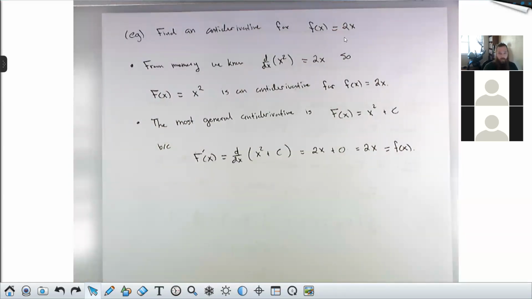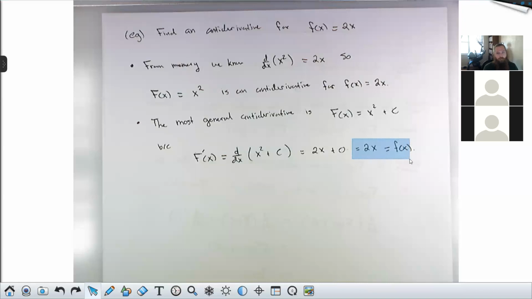So your particular antiderivative, if you just needed to find one of them, x squared is sort of the most natural. You could say x squared plus 1 if you wanted, but you could also say x squared plus 10 or x squared minus 5 or x squared plus pi, and we encapsulate that in this. And the good news with antiderivatives is you can always check your work. If you're not sure if you found the right antiderivative, differentiate it. You should get the original function, right?